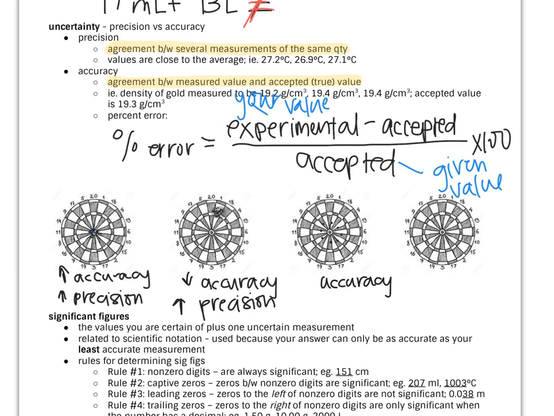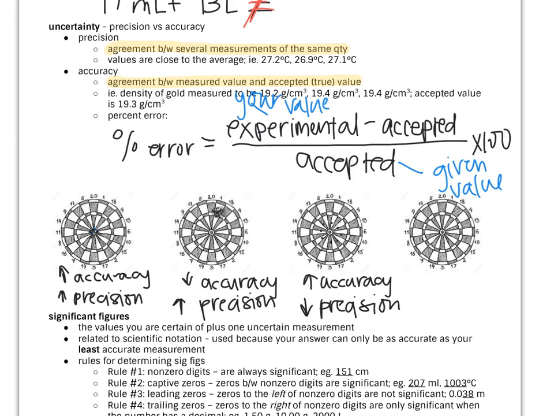We are a lot closer to the bullseye, so our accuracy is pretty high. And what about our precision? Since they are not very clustered or close together, they're not very precise. They're kind of all over the place, but they're still really close to the bullseye. So it would be high accuracy and low precision.